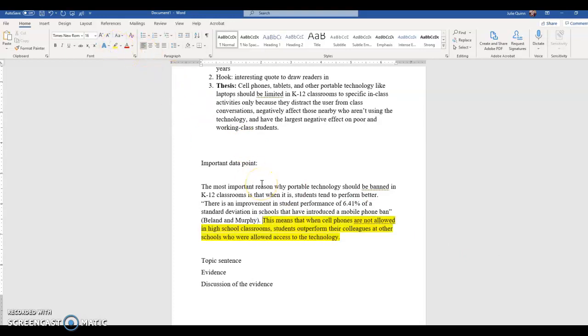I think a lot of students, when they're writing around the evidence, forget to explain what the quote is actually saying.